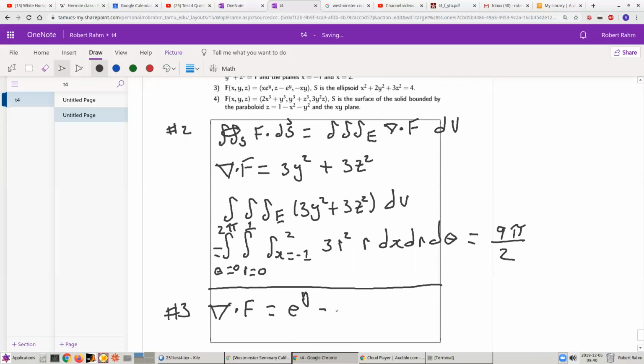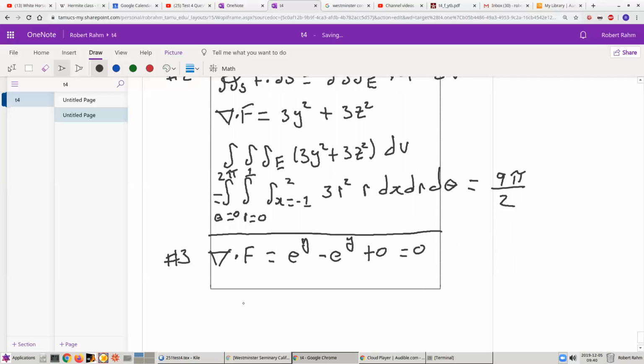So that's minus e to the y, plus the derivative of minus xy with respect to z, that's 0. So the divergence of F is equal to 0. What does this mean? The surface integral of F over this closed surface, the ellipsoid, by the divergence theorem, is equal to the volume integral over the ellipsoid.